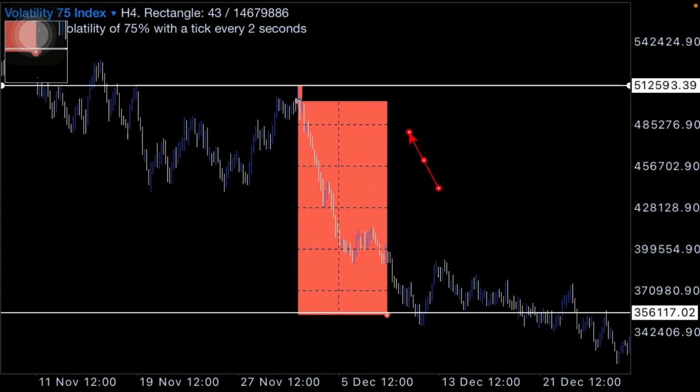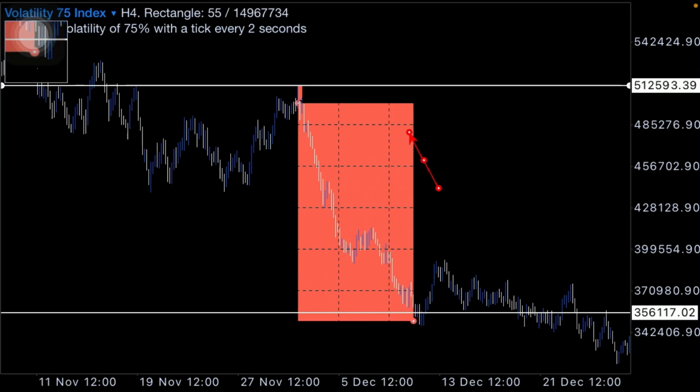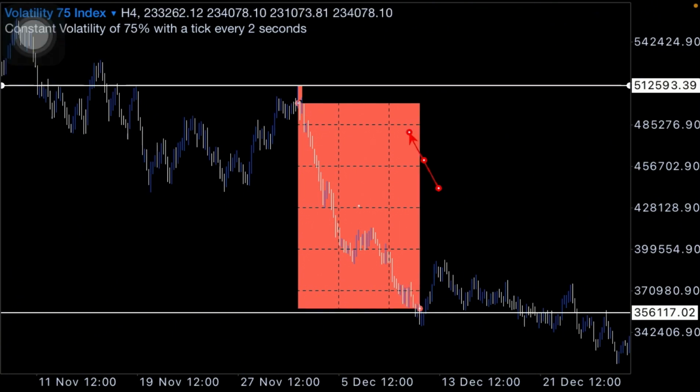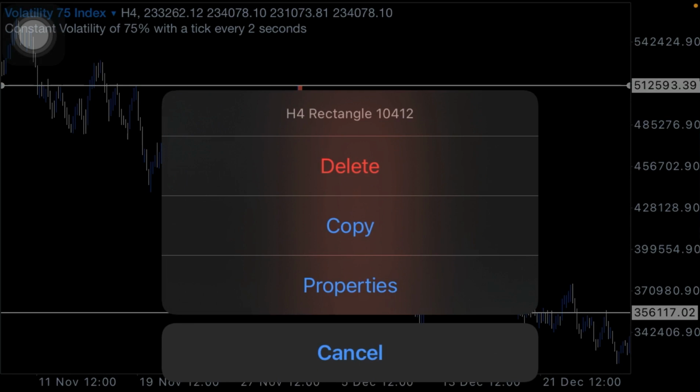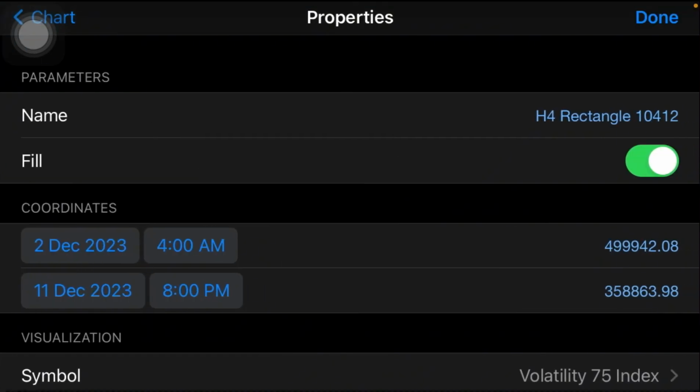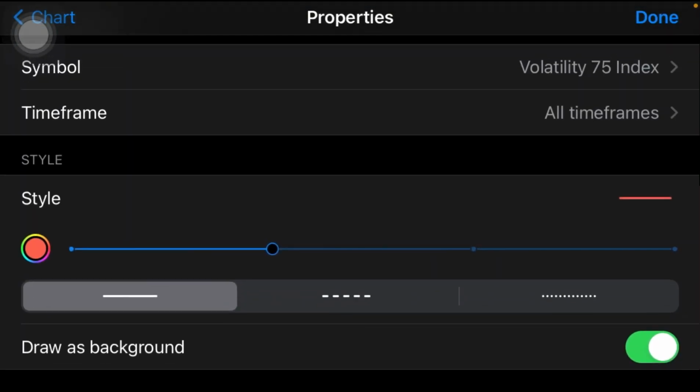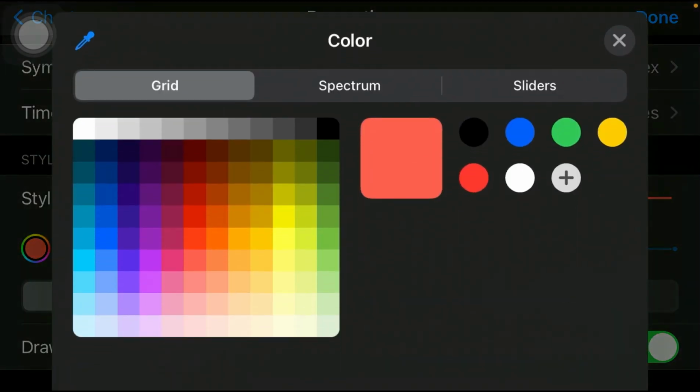Okay, so this is what you could have gotten. If you place it like this, if you put your take profits on this line, let me change the color to green.